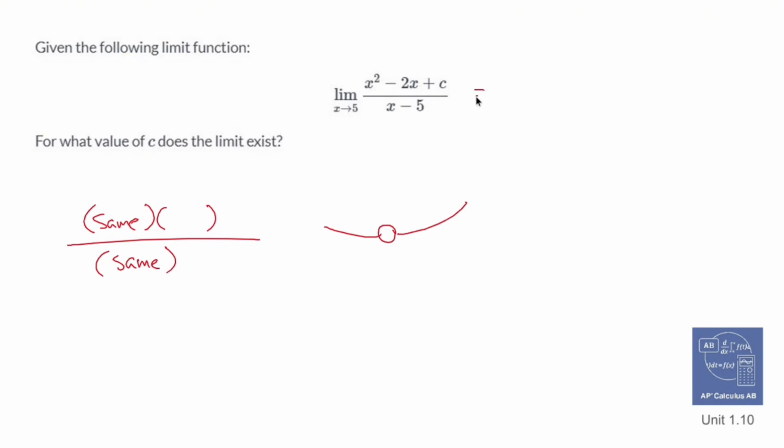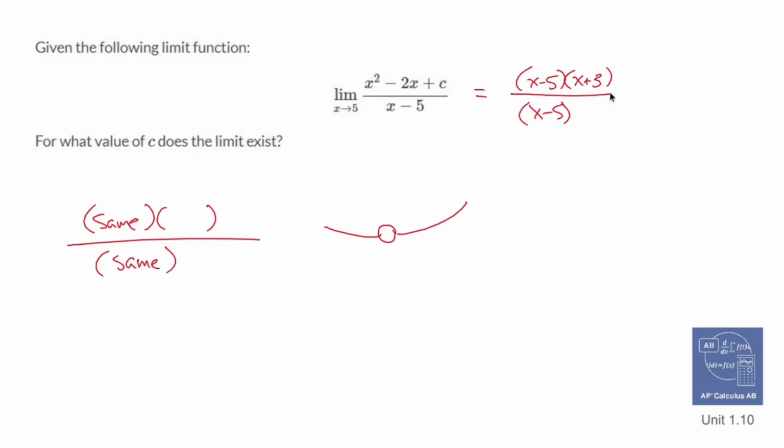So what we need is for the denominator factor, x minus 5, to have an x minus 5 living up here somewhere. Now, if x minus 5 is a factor, I have to come up with another factor, where negative 5 and some number add up to negative 2. Negative 5 and positive 3 would add up to negative 2 if I were to FOIL this out.